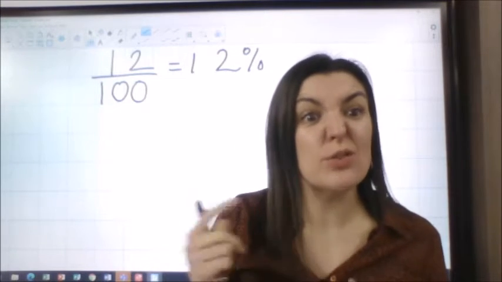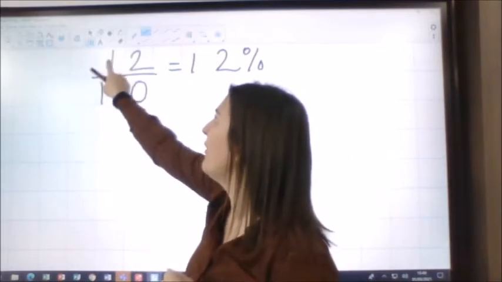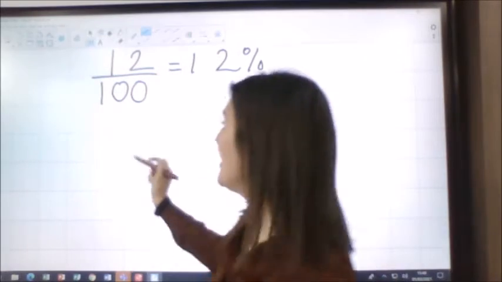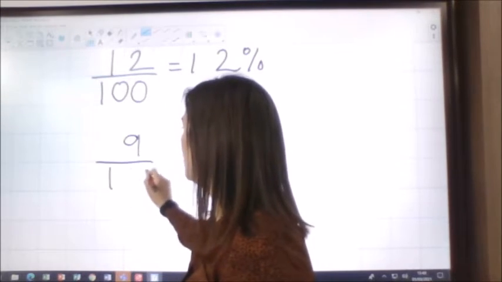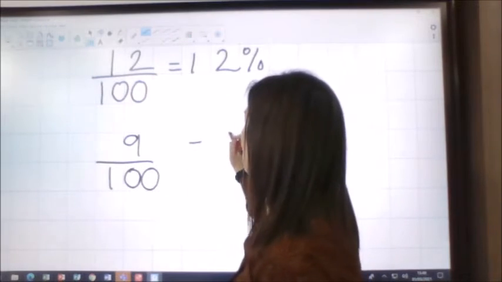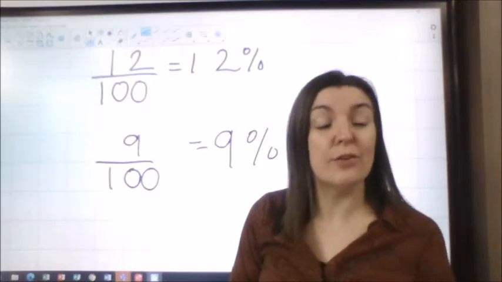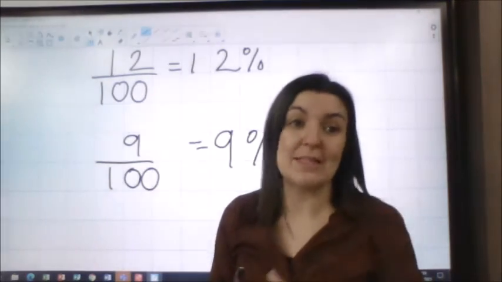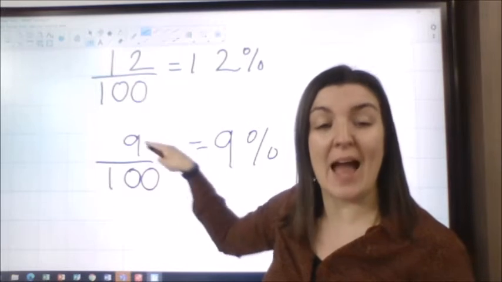If your denominator is already 100, then you can just use the numerator. Even if it's a single digit number, like 9 out of 100 are red sweets, then that would be 9% are red sweets.